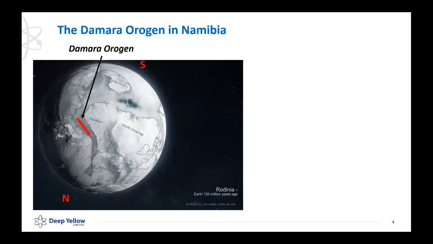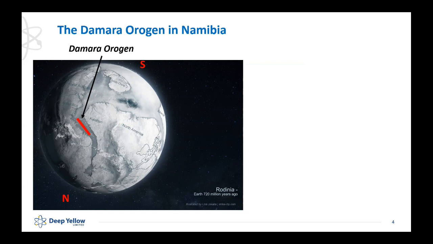Now to the Damara Orogen, Namibia. This globe is upside down to our current view of the world. So north is down here. There's West Australia, Antarctica, and on the other side the Congo Craton, and the Kalahari to the south.